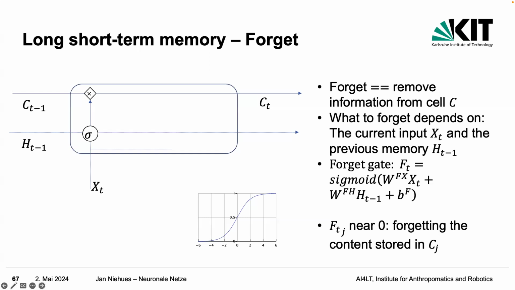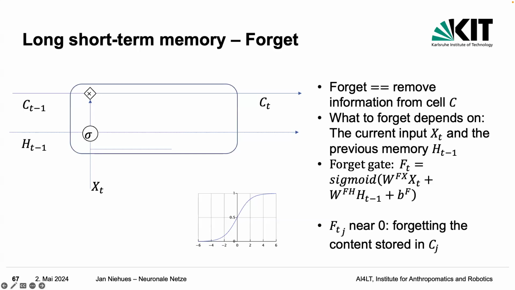Now there is one important thing. How can we make things forget or not? If you think about it mathematically, there is a very easy way: you multiply things. If you multiply something with around 0, the result will be 0 and you have forgotten it. If it's around 1, everything stays the same.